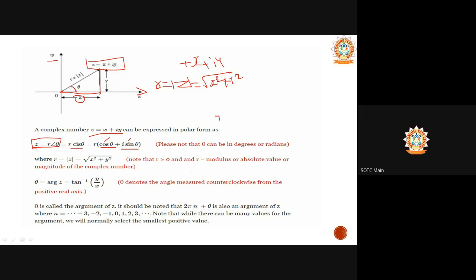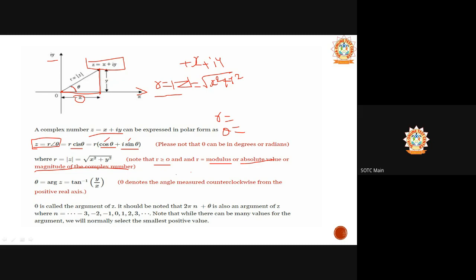Here we need to find the r value and the theta value. This r is the length of z, also called the absolute value or magnitude, or modulus, of the complex number. Different names. And it is greater than or equal to 0. There is no negative number because it is a length. Maybe it is 0 or greater than 0.